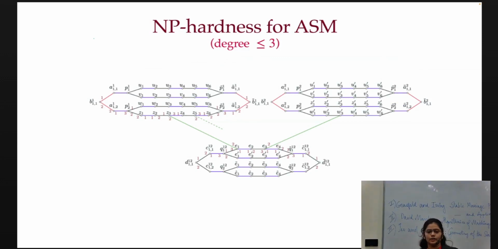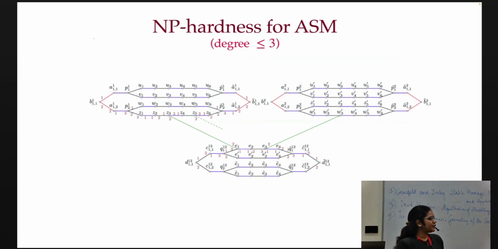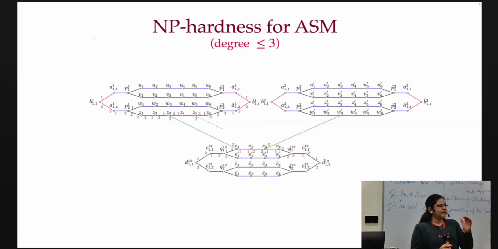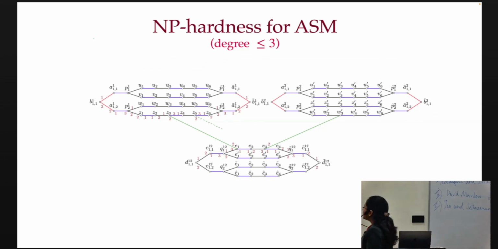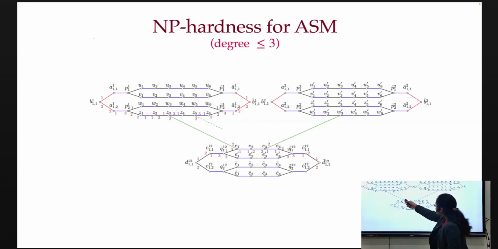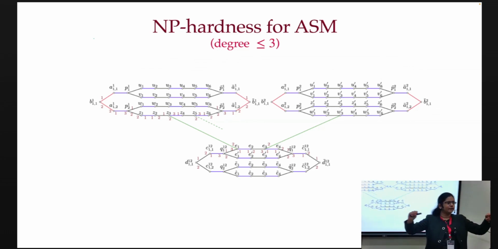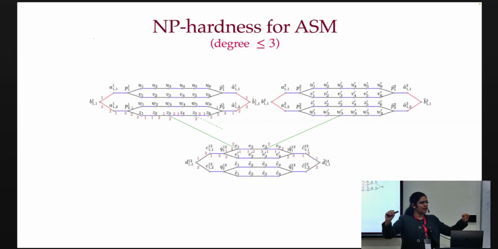Now, there were three types of high degree vertices, right? One was Pis, Pi tildes, Qijs, Qij tildes, and this degree 3 vertices, right? So for that what we can do, notice here, instead of 1 degree 3, we have stretched that path as well, right?